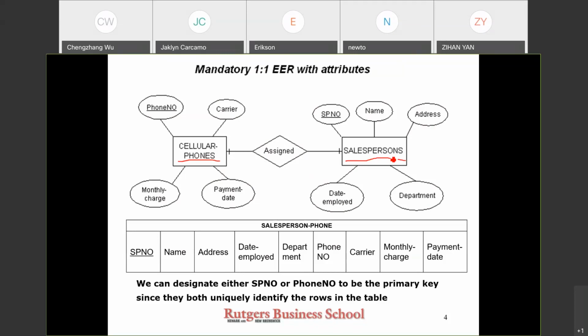Recall the notion used in the ER diagram. The bar against the entity symbol, that is this part. A bar against the entity symbol indicates that the entity's participation in this relationship is mandatory.